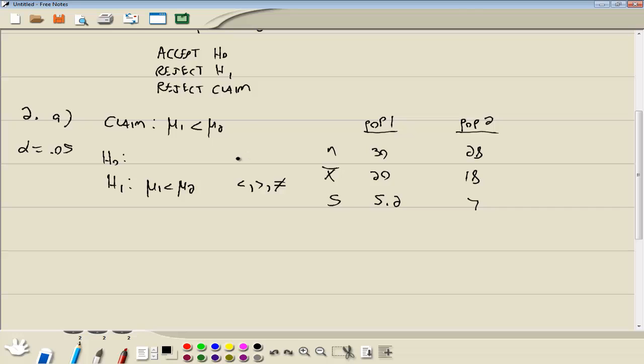Now the only symbols you can have on H0 are less than or equal to, greater than or equal to, or equal to. Now these are opposites of each other, so if this is less than, this is going to be greater than or equal to. Now a lot of books have adopted the convention of just always putting the equals on here, so keep that in mind. There are still a few books around that like to keep these opposites to each other because I think it clicks better with students that way, but personal preference, I suppose.